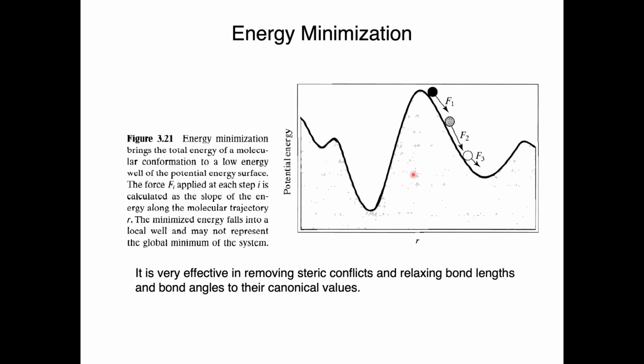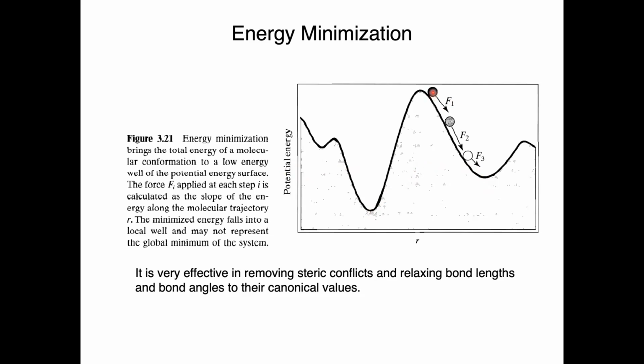And this has some energy value, which you get by simply going along here. But note that there is another minimum on the surface that actually has a much lower energy. So this here is a local minimum, but this is the global minimum.